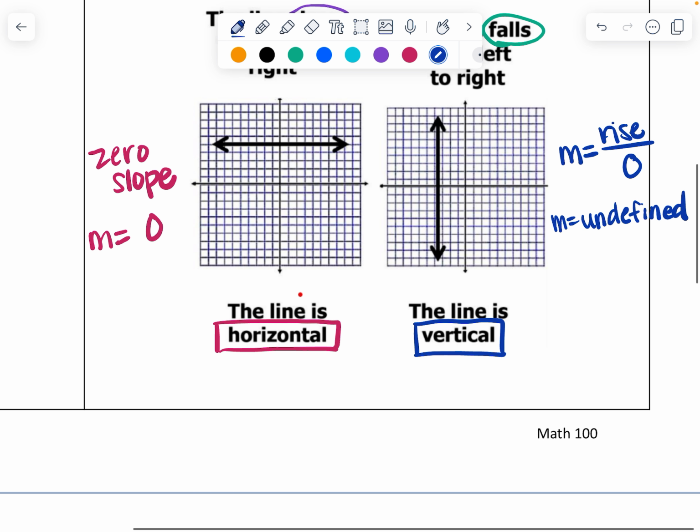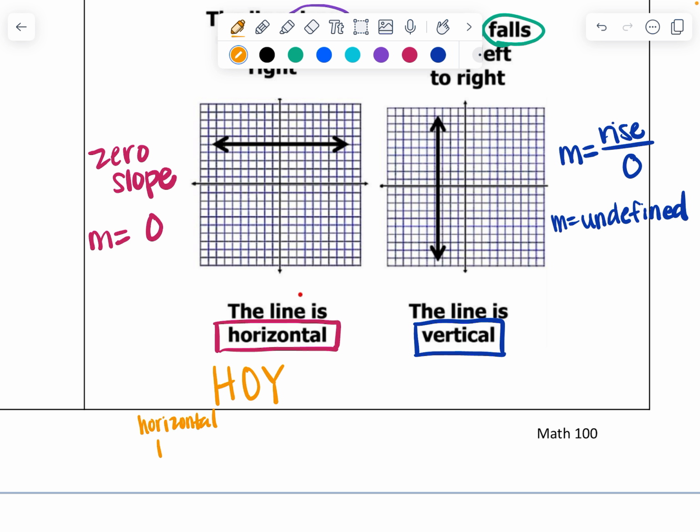We'll talk about this a little bit more later, but you're going to remember this acronym, HOY. This is a horizontal line, has a 0 slope, and the line has an equation with y equals in the beginning. Whereas a vertical line, you're going to remember the acronym VUX, V-U-X.